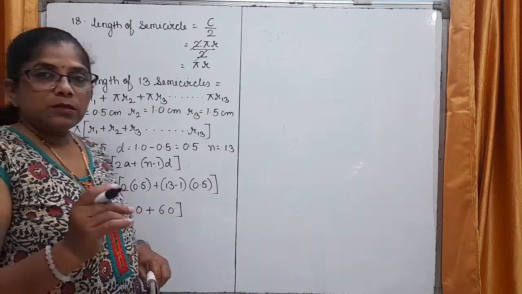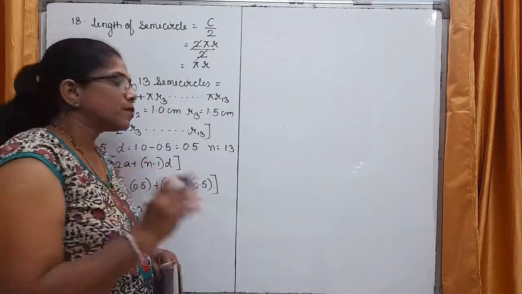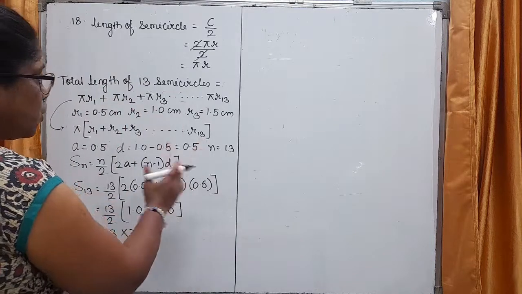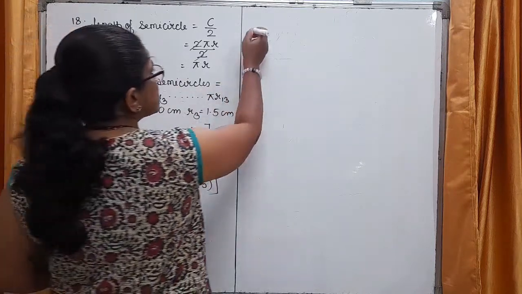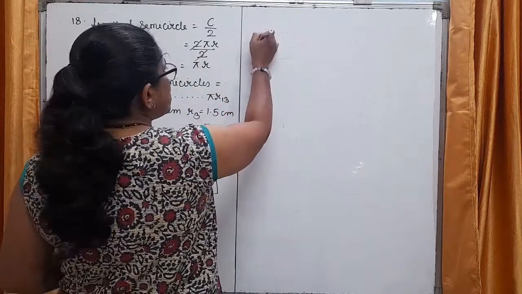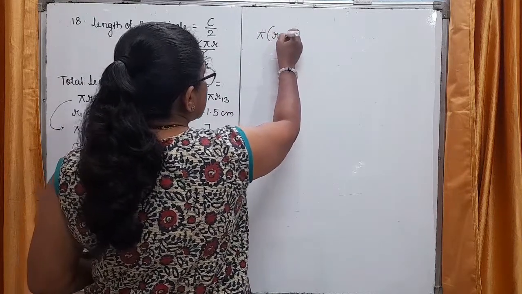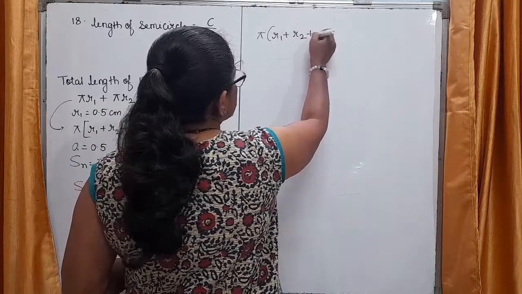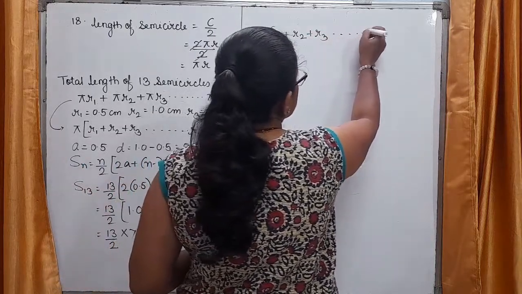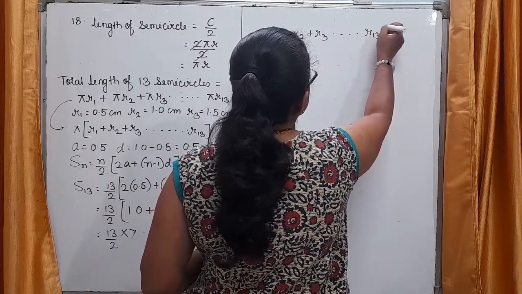Now the sum of these 13 terms is 13 upon 2 into 7. This is not our final answer. Here what we have to find is the total length of these 13 semicircles, which is pi times r1 plus r2 plus r3 up to r13.